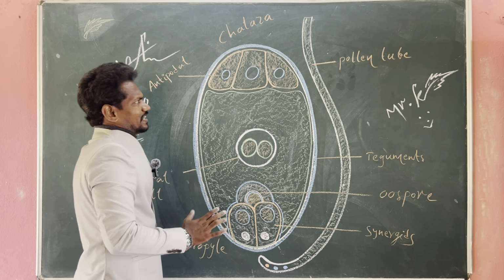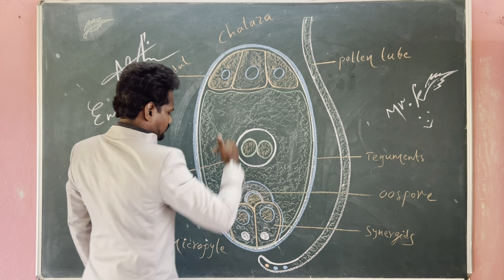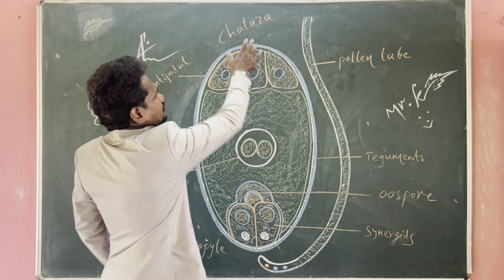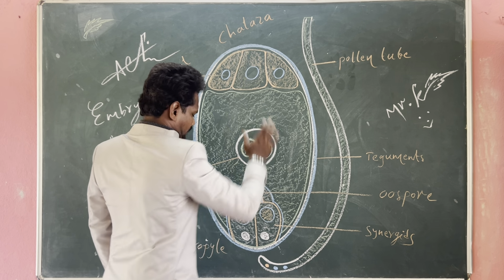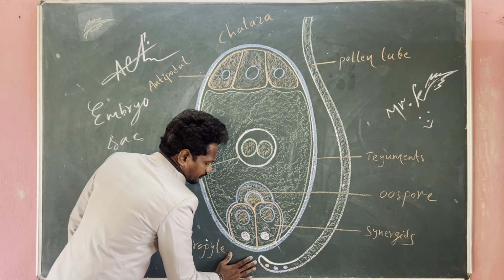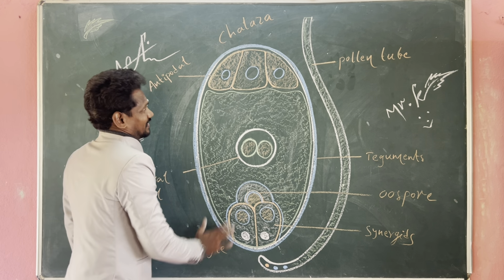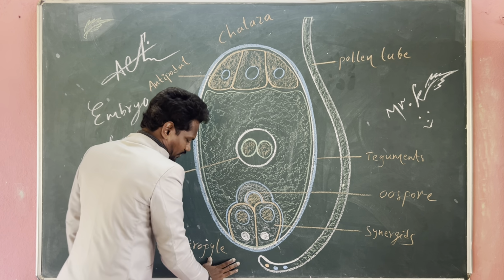An embryo sac has 2 ends. One is the chalazal end and another one is the micropylar end, or micropyle end.